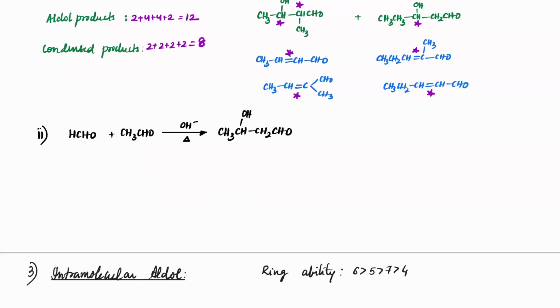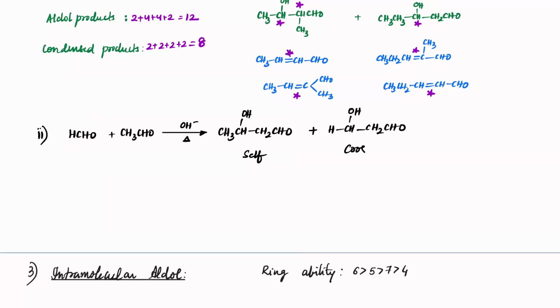There is no self aldol for formaldehyde, but there is a cross aldol. That means for this position, this CH2 minus can go and add. So I will get this as H CH OH CH2 CHO. Only these two are possible. One is self here, the other one is cross.